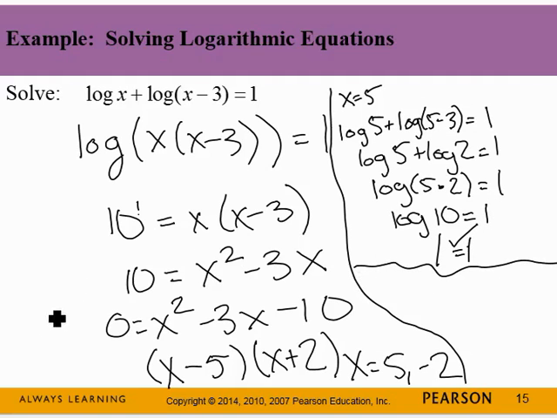So we know in our solution set, I'm running out of room, I'm sorry, one of our things at least is 5. So let's check x equals -2.